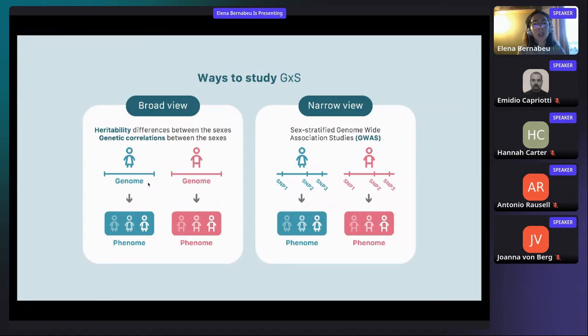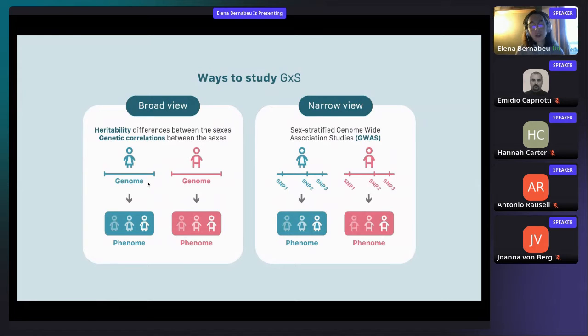Another way to study gene by sex from a broad perspective would be to obtain genetic correlations, like Joanna was just talking about. So a genetic correlation is, in broad terms, a way of describing how common the level of genetic control is between two groups, two diseases. So here, the genetic correlation that we would be interested in would be between males and females for the same trait.